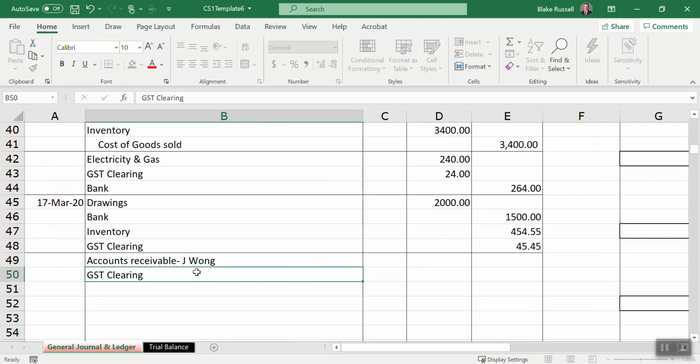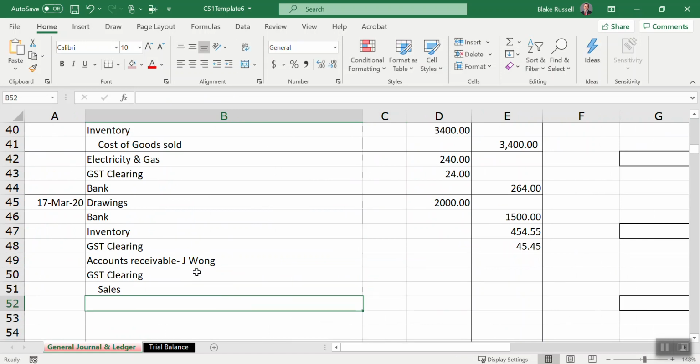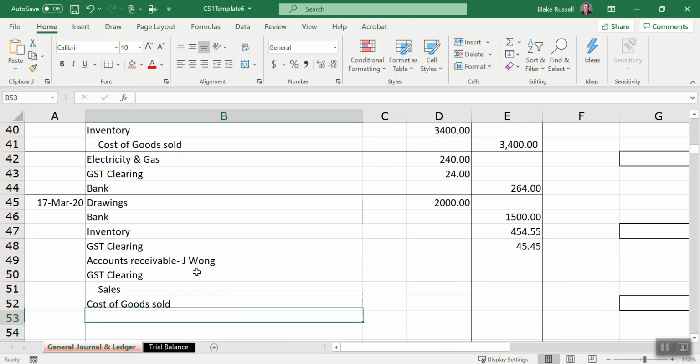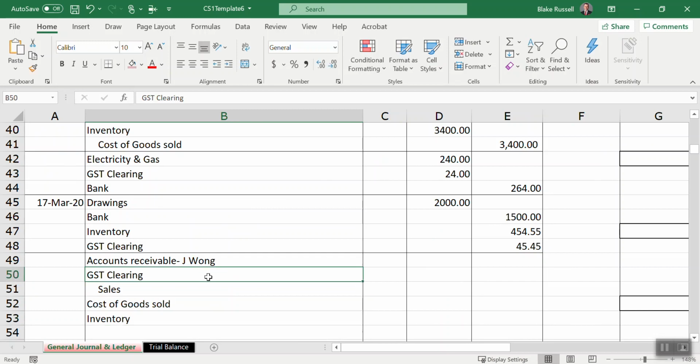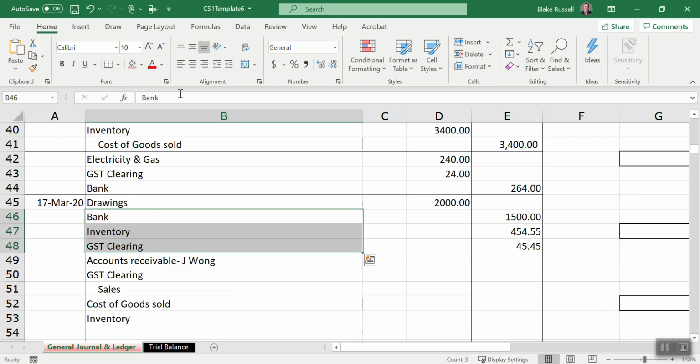GST and sales. I'm just copying costs. These are the accounts we'll use when we sell. I didn't indent those either.